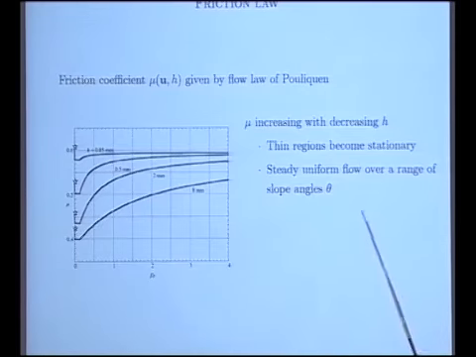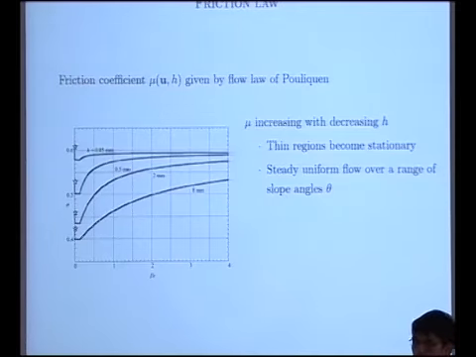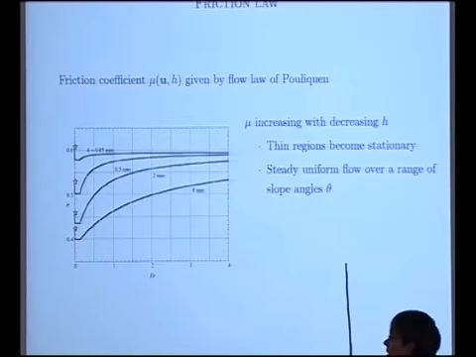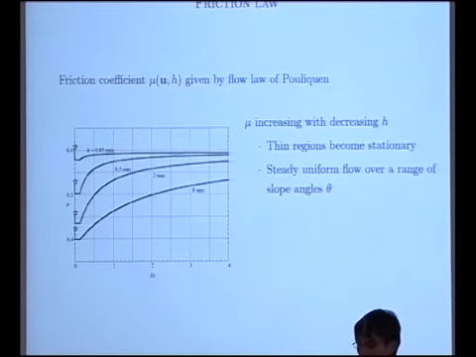So just to give a bit more detail about the friction law, in the experiments we see that thin regions become stationary, so we have a definite h stop. And we also see that there's a steady uniform flow over a range of slope angles.